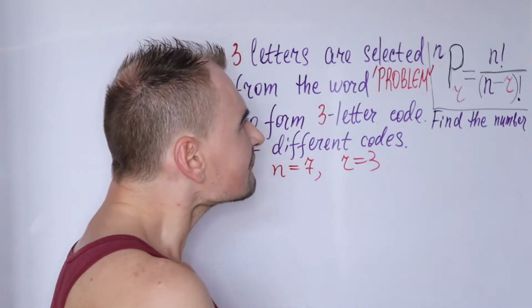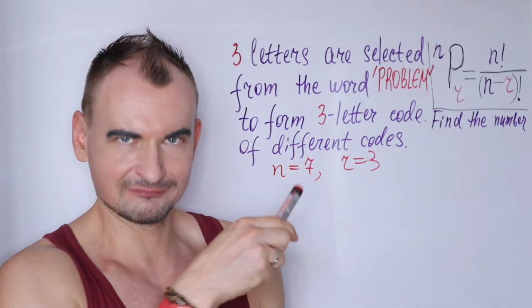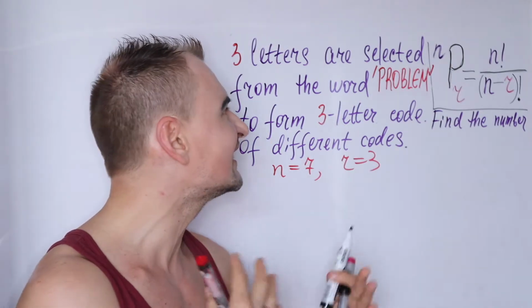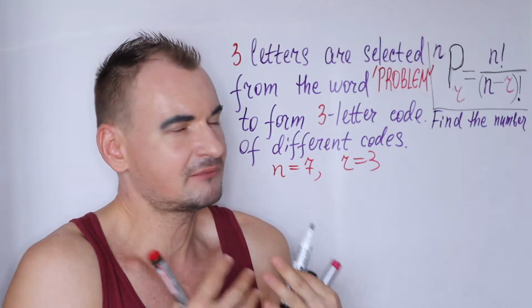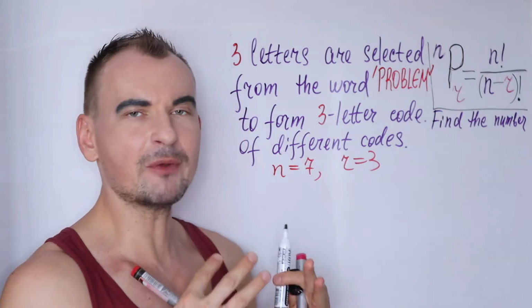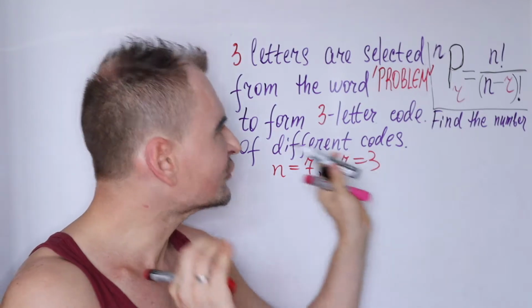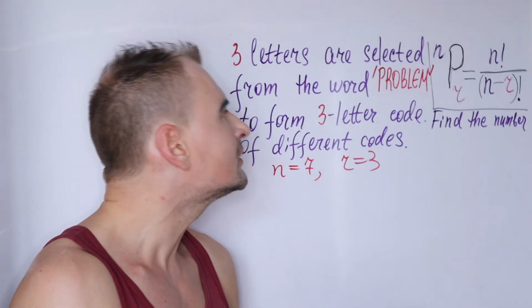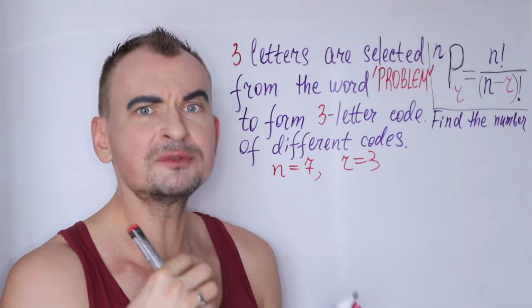So again, you could basically try to write out all of these 3-letter codes explicitly, but it would take you ages, I believe more than 1 day. Anyway, so the question is, how many different codes could be made?